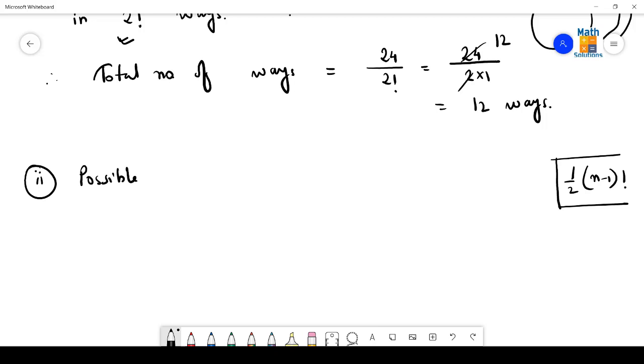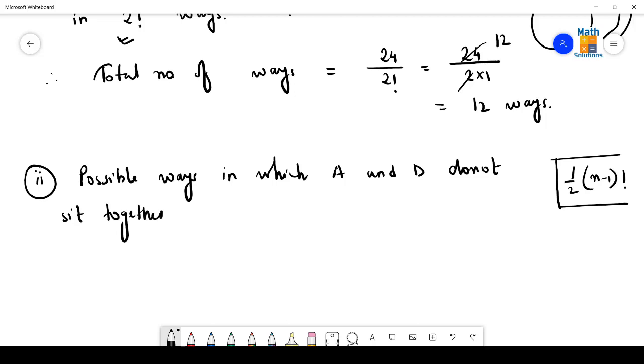So the second part of this question will have this answer: possible ways in which A and D do not sit together will be equal to half of n minus 1 factorial. Here n is of course 5, because the total number of persons is 5.